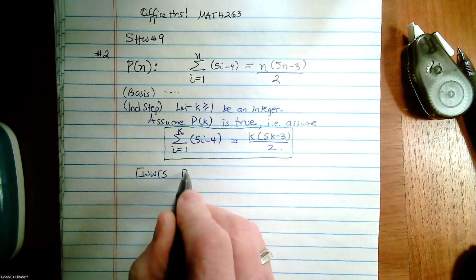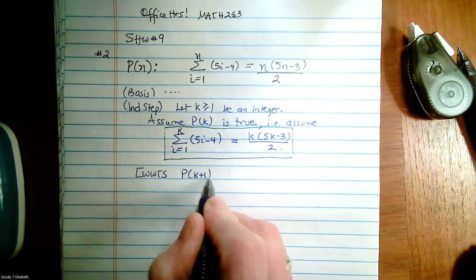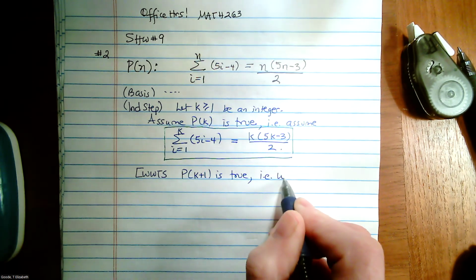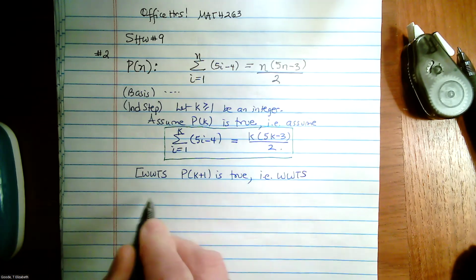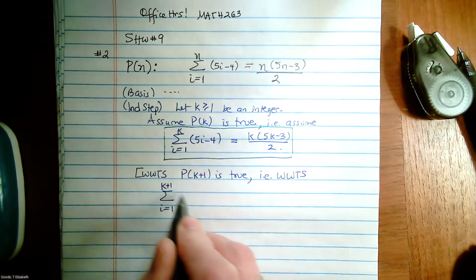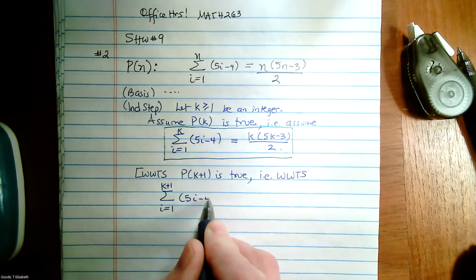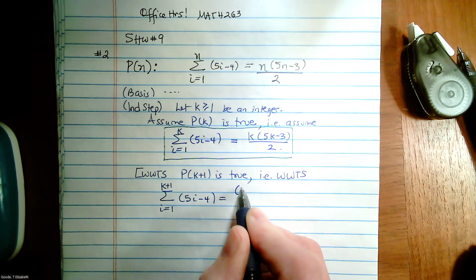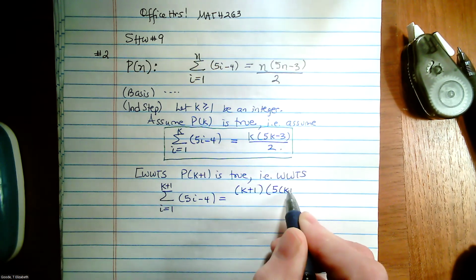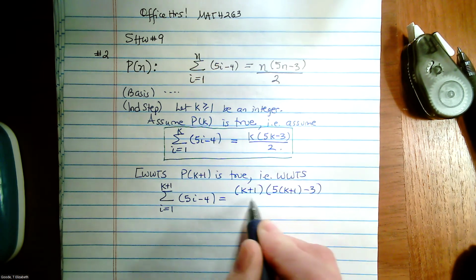That P of k plus 1 is true. Can you be more specific now? The sum of i equals 1 to k plus 1 of the term 5i minus 4 equals the quantity k plus 1 times 5 times k plus 1 minus 3 over 2.